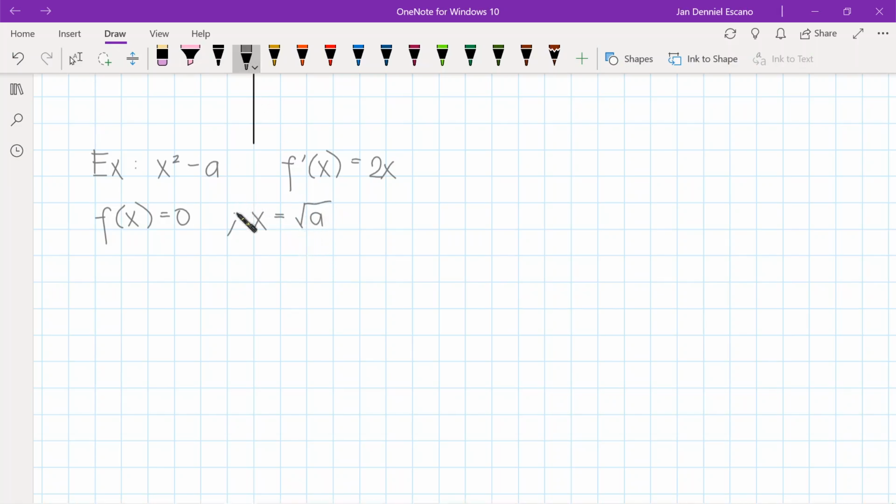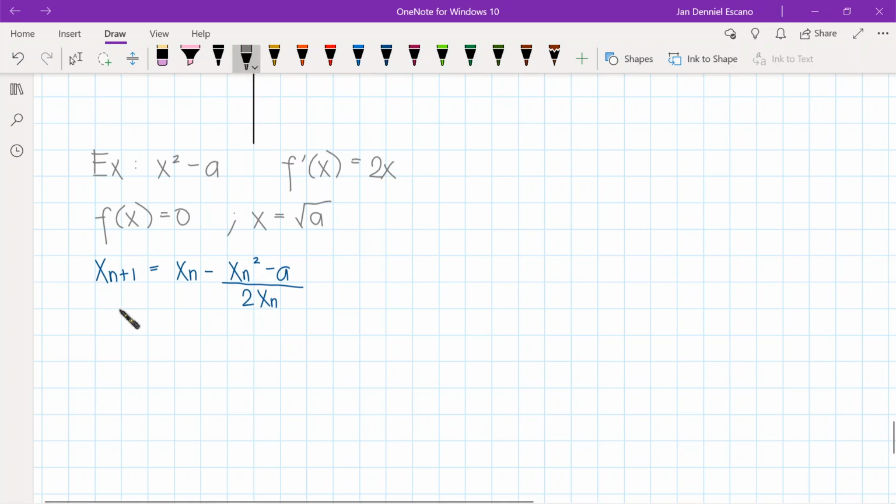I think we can plug this into the equation of Newton's method. So x sub n plus 1 is equal to x sub n minus f of x, which is x sub n squared minus a, all over f prime of x, which is 2x sub n. So we can stop here and find the roots of the equation.